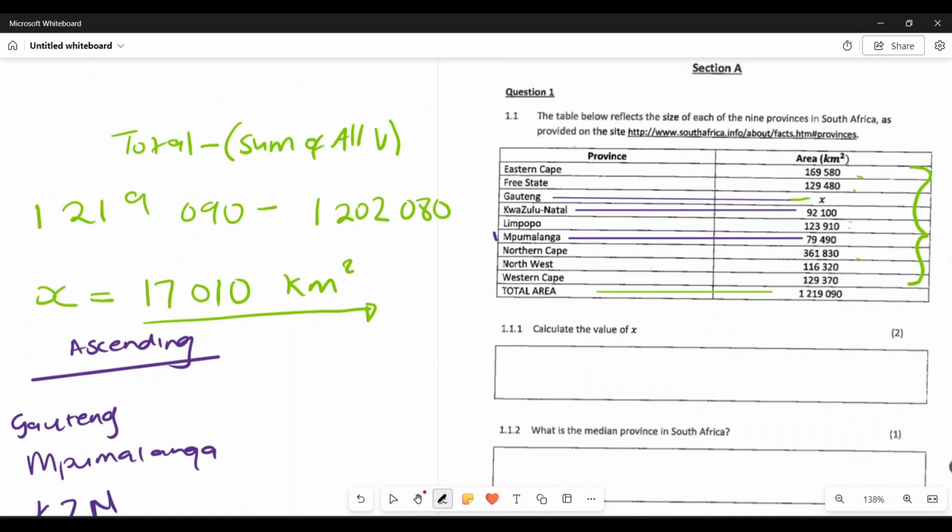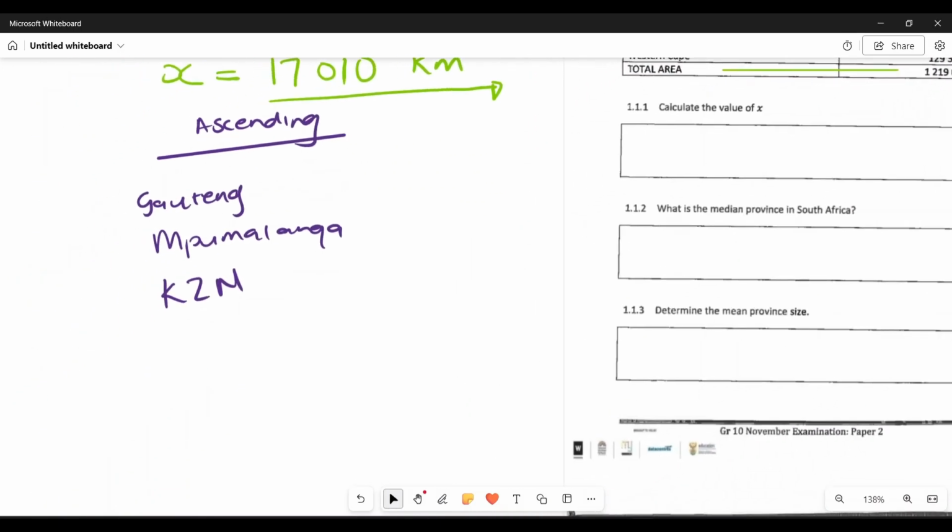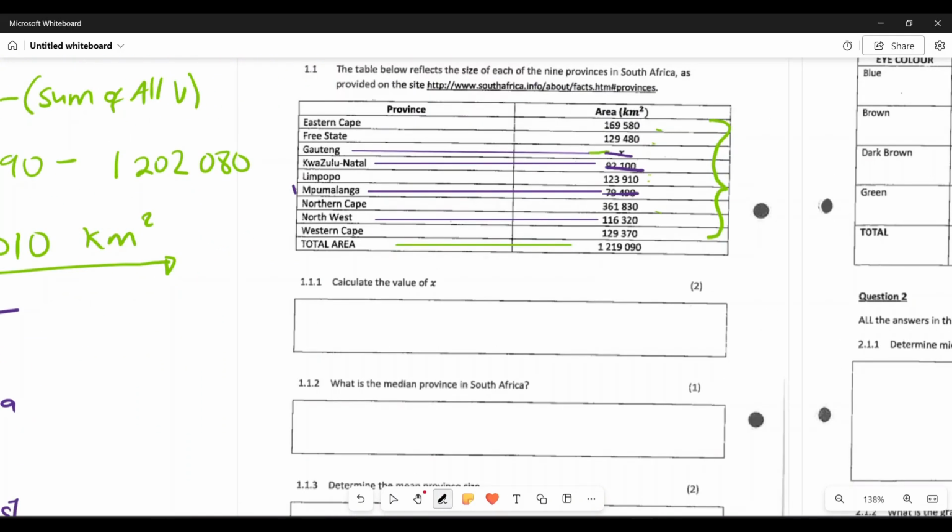Now let me see the other that I have. Let me cancel these ones which I did. I did Gauteng. Now, I have Northwest. So I'm going to write it here. Let me cancel it out. I did Northwest. Now let me see. I have 129,370 here. I have 129,480. So next it has to be Limpopo before, right? So I have Limpopo.